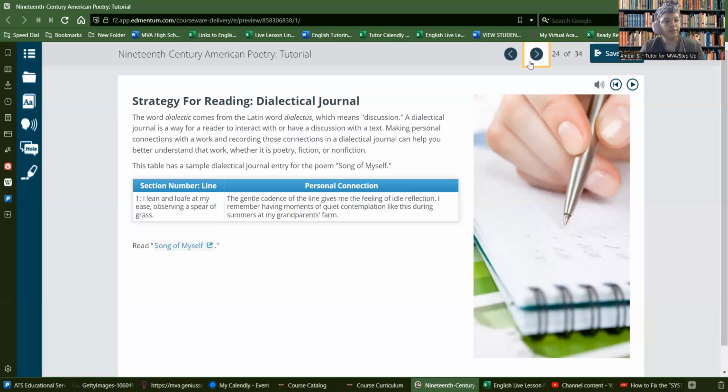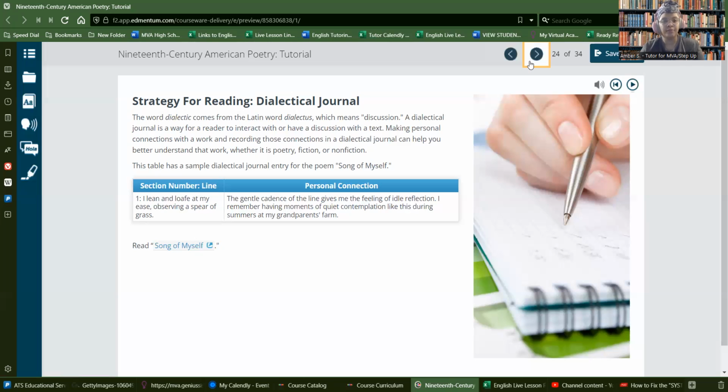Okay, so after you take notes on this slide, I would write down the definition of a dialectical journal. And I would also write down the background on the word dialectic, since it's in the first sentence.